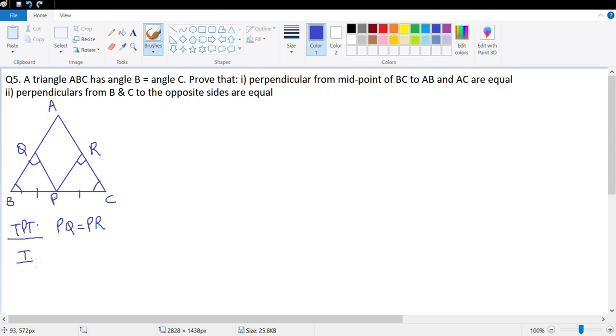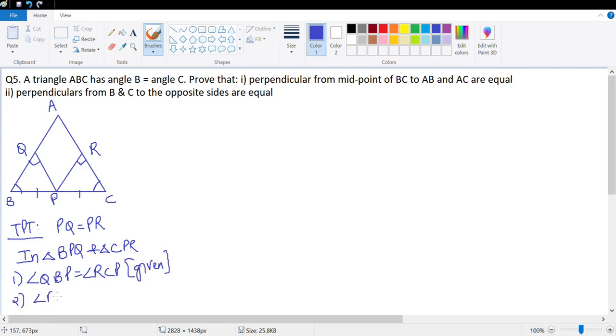So in triangle BPQ and triangle CPR, what do we have in common? Angle QBP is equal to angle RCP. This is given. Point number 2, angle BQP is equal to angle CRP is equal to 90 degrees. This is also given.